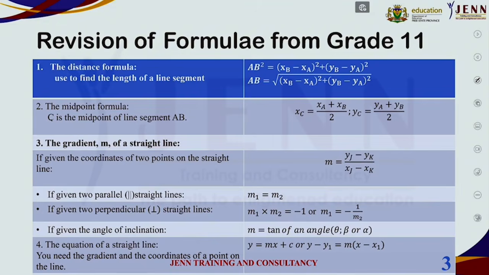The following bullet: if given 2 perpendicular straight lines, what is happening? We now have the second relationship, when 2 lines are perpendicular. There is this misconception, or error, that the moment we talk about 2 perpendicular lines, there are learners that tend to say 2 perpendicular lines have the same gradient.